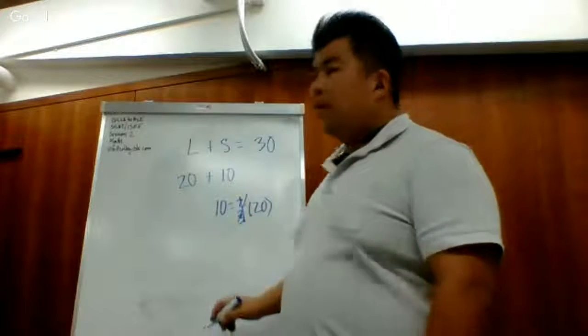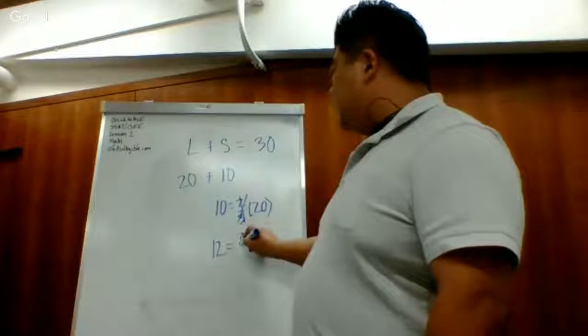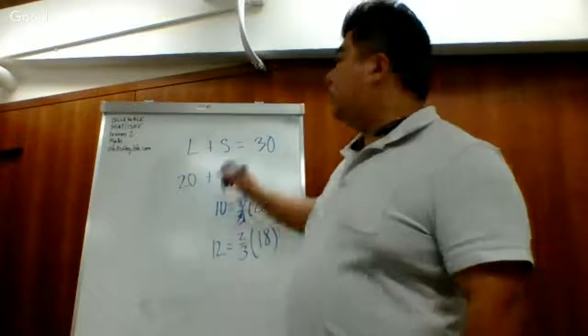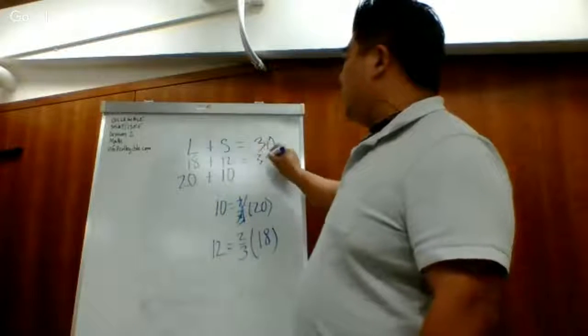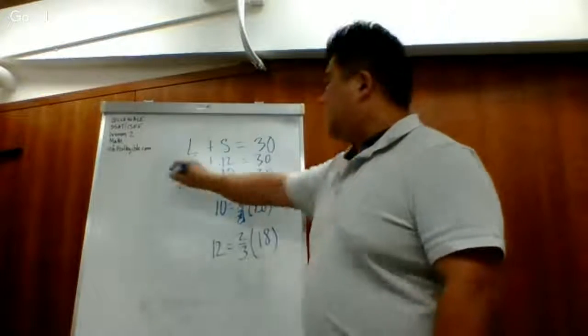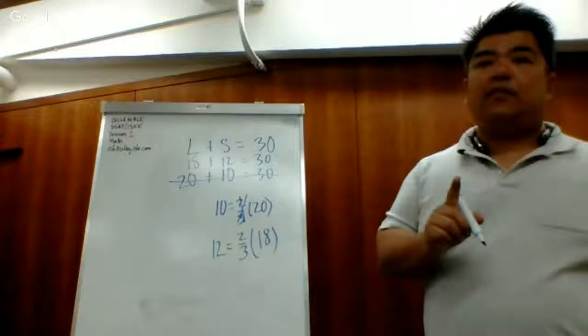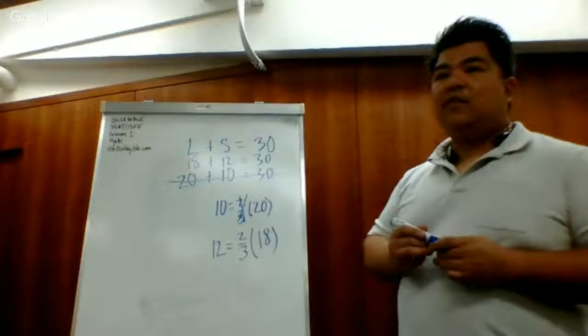It's actually 1/2. So let's look at 12. Is 12 equal to 2/3 of 18? Why is it 18? Because if this is 12, this is 18, it's got to equal 30. You guys see that? So is 12 2/3 of 18? Do you guys see this? Tiana, do you see it? Sort of.